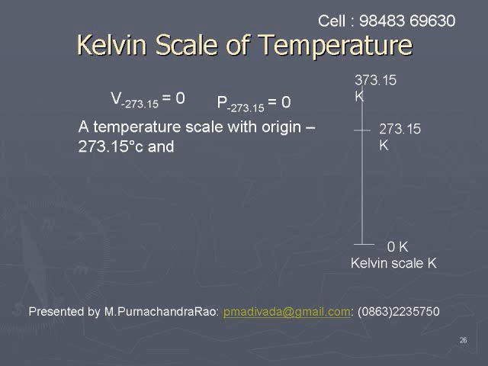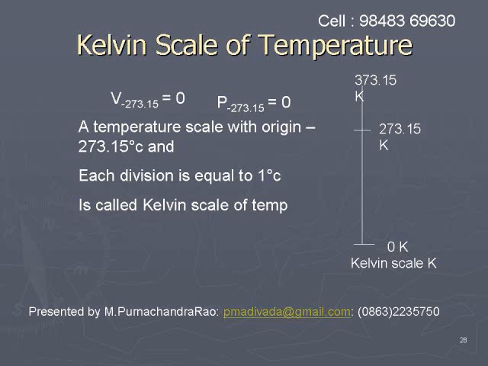Based on this property, that pressure and volume become 0 at minus 273.15, a new scale of temperature was devised, that is the Kelvin scale of temperature. We take this state, minus 273.15, as 0 Kelvin, and each degree in the new scale is taken equal to 1 degree centigrade.